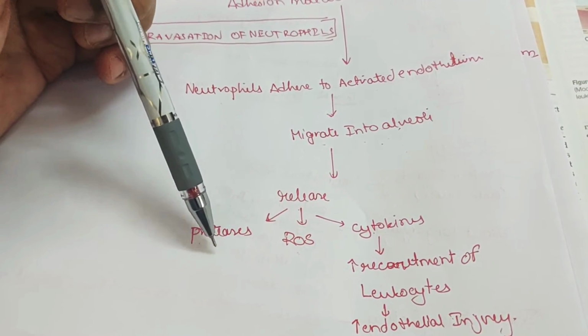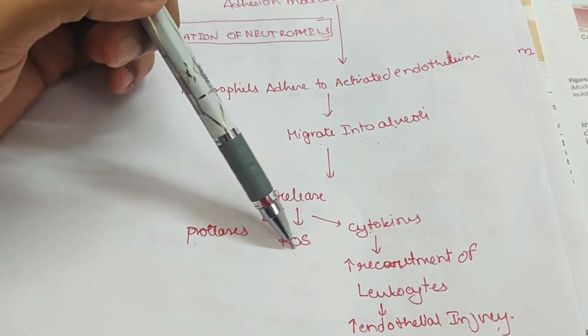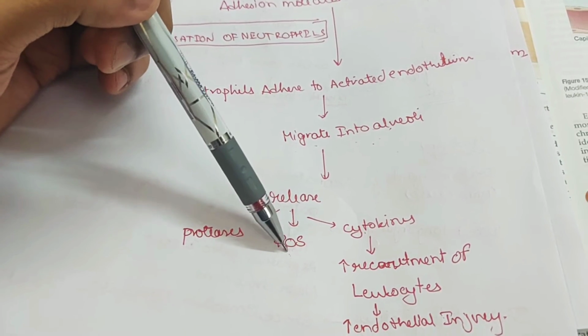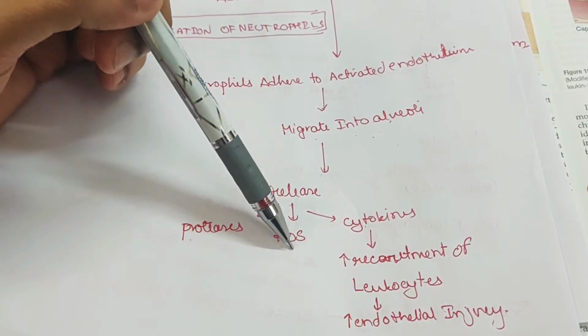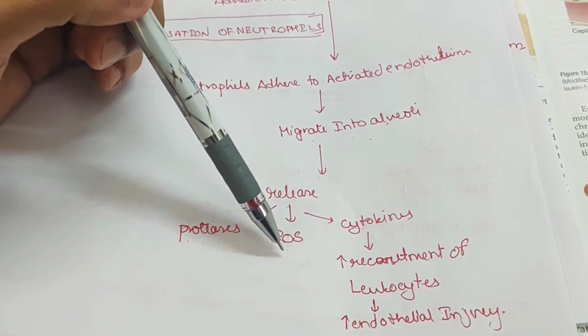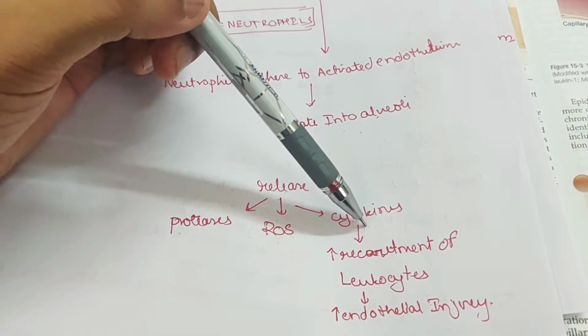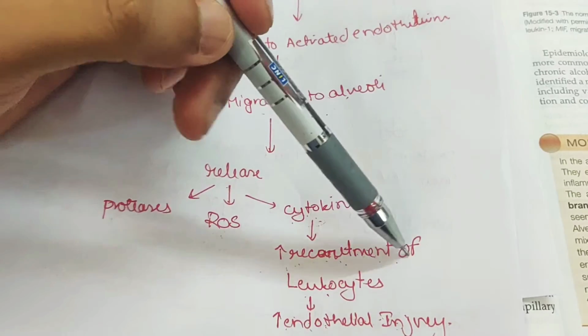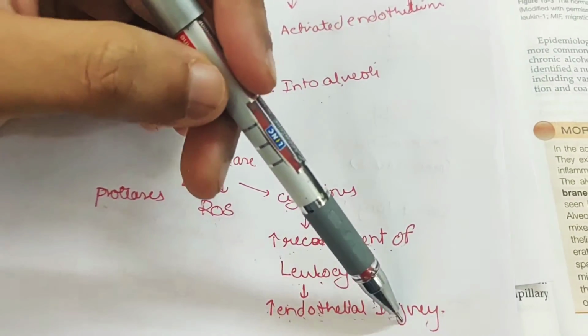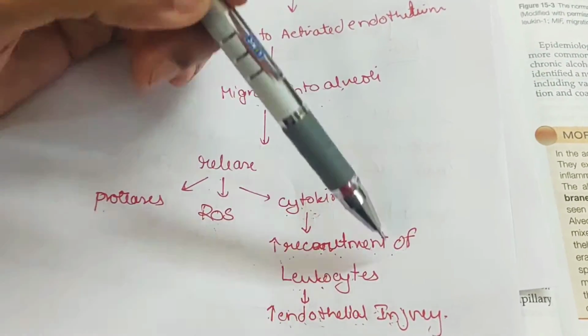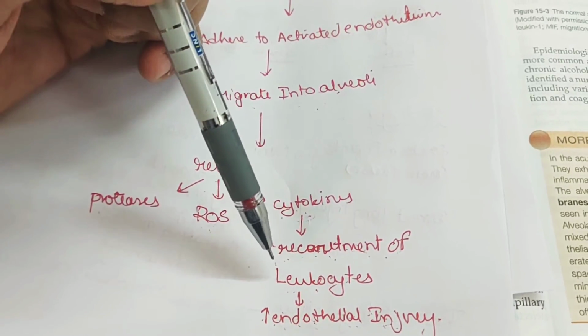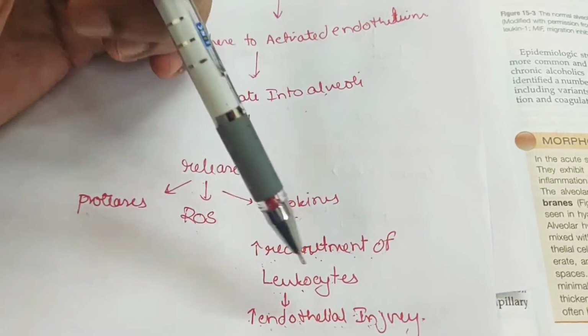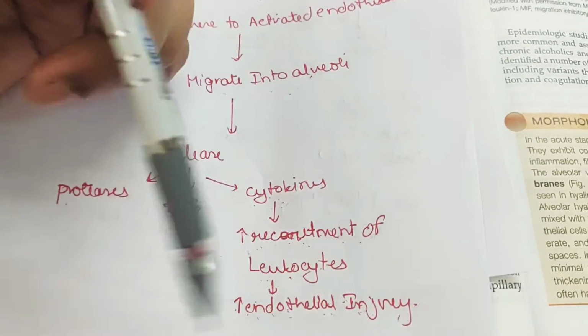The proteases degrade the proteins inside the alveoli, reactive oxygen species damage the epithelial cells of the pneumocytes, and the cytokines cause increased recruitment of leukocytes and increased endothelial injury. These cycles go on, so there is more and more recruitment of leukocytes and more endothelial injury.